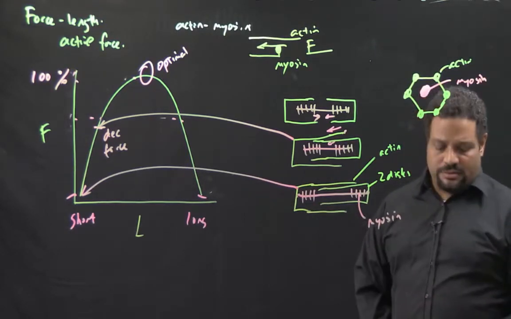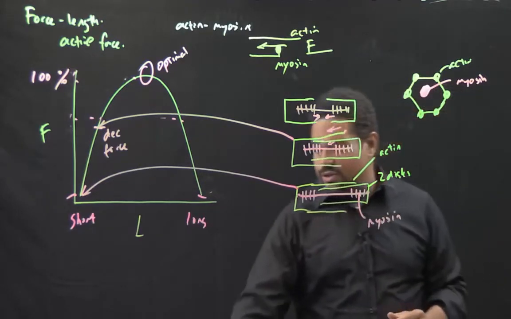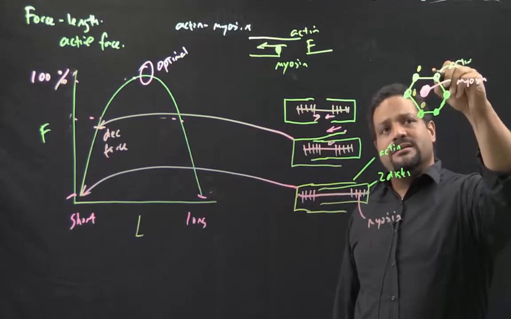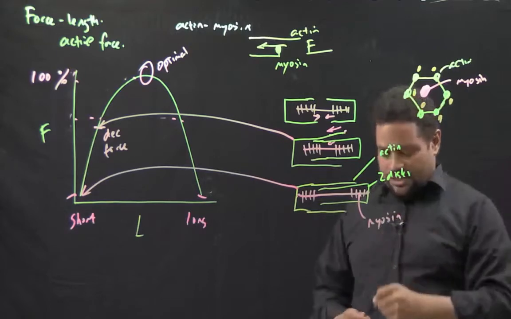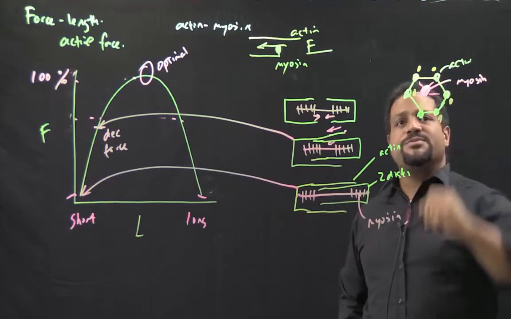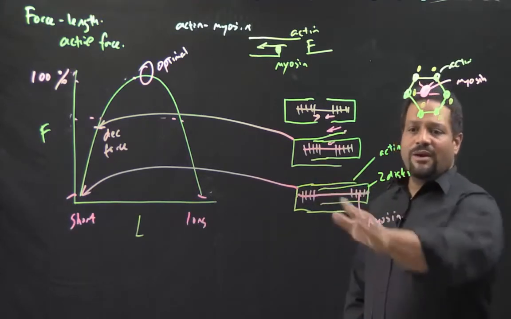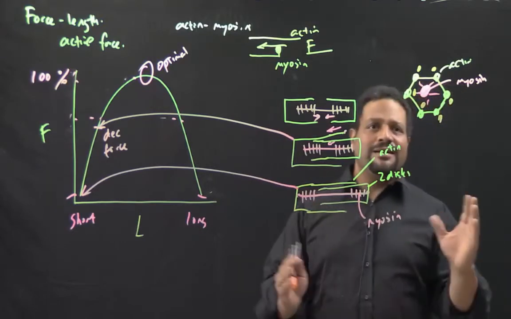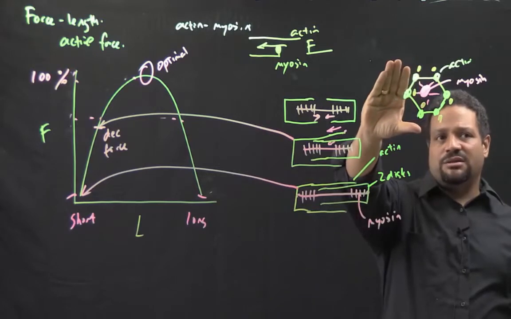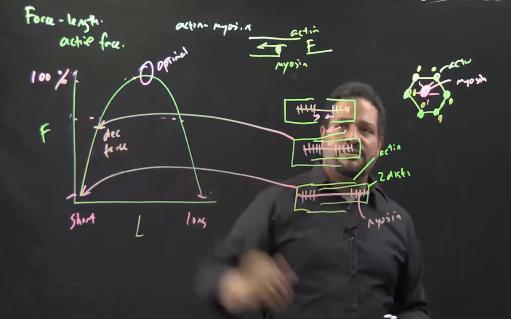If you shorten this sarcomere too much, what you start to see is that other actin start to compete for this myosin cross-bridge interaction. So these are the myosin cross-bridges. So you get competition of the actin as shown in here. And we obviously can't demonstrate that there, but that illustrates how the actin can interfere with the myosin action when you shorten the sarcomere too much and you reduce the force.